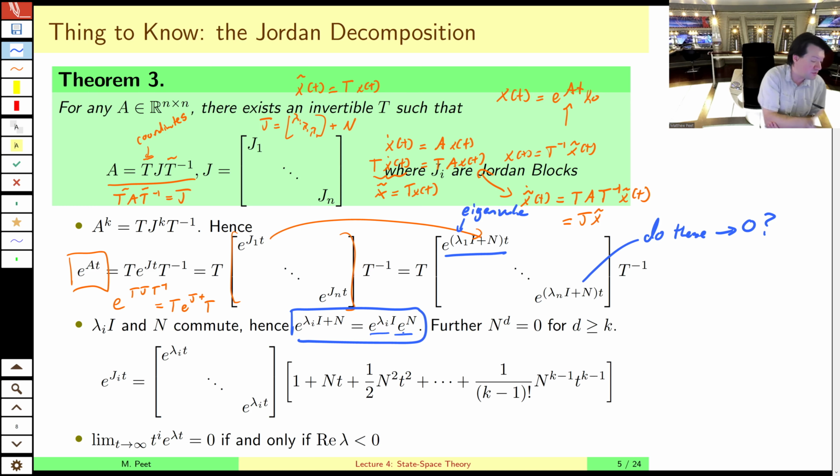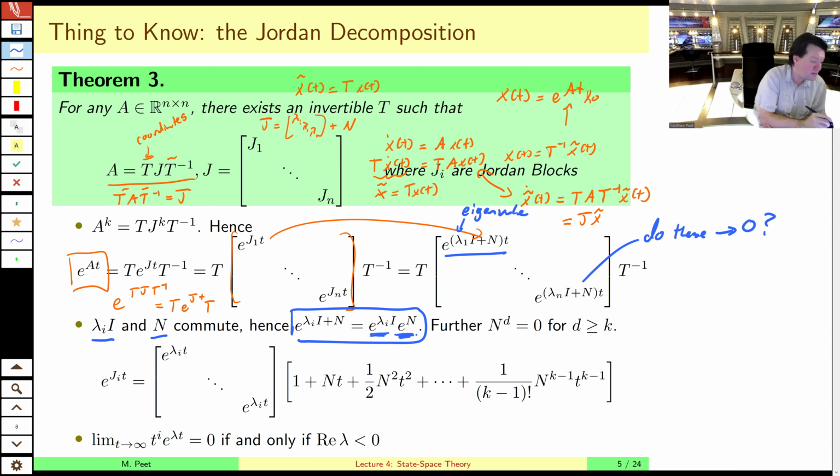I said you couldn't before, but this is one of those very special cases where you can, because in fact a diagonal matrix and this nilpotent matrix actually do commute. This is like the one case where it actually works. And so we can decompose the matrix exponential into the lambda term, which is easier, and the nilpotent term over here.